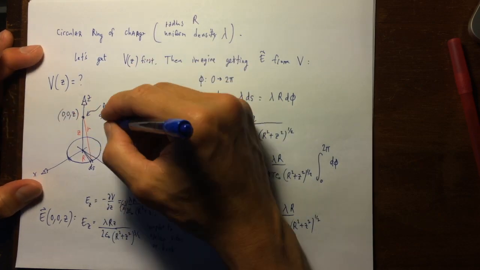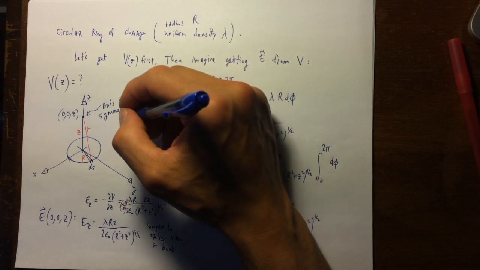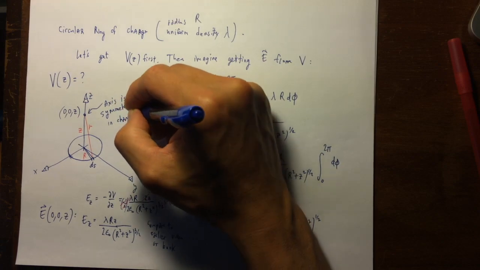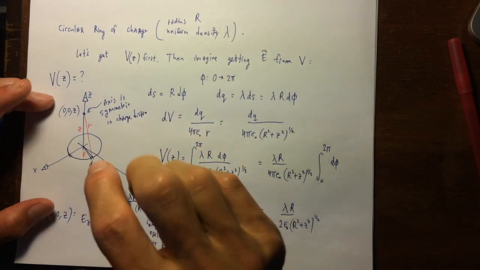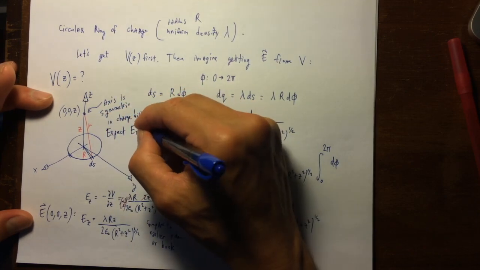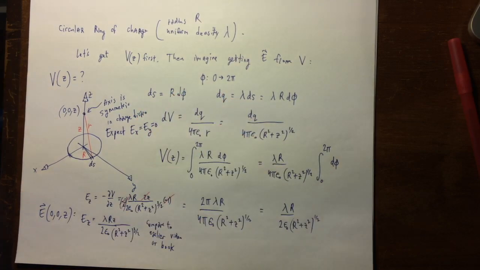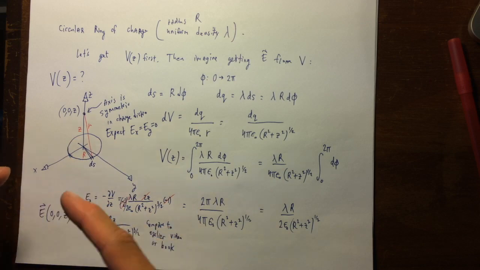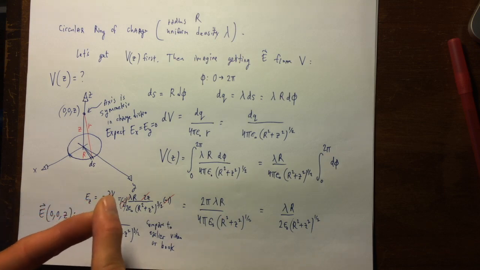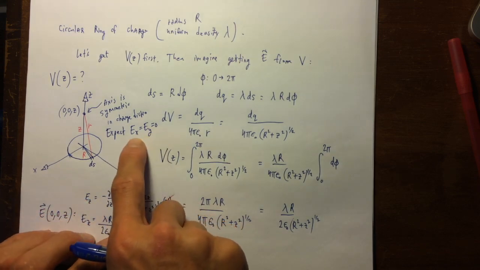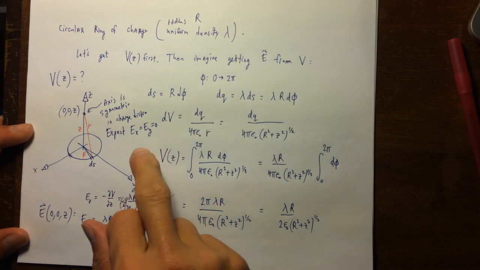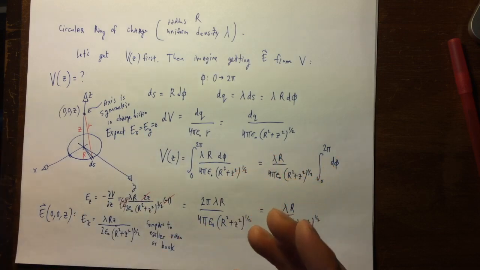The axis is an axis of symmetry in the charge distribution. What this means is that we expect, because of the symmetry, that there are no x and y components, because in a sense the symmetry makes the choice of x and y arbitrary. If the choice of x and y is genuinely arbitrary, there's no physical thing you can determine in that choice. So that means the electric field can only be 0 in those directions.